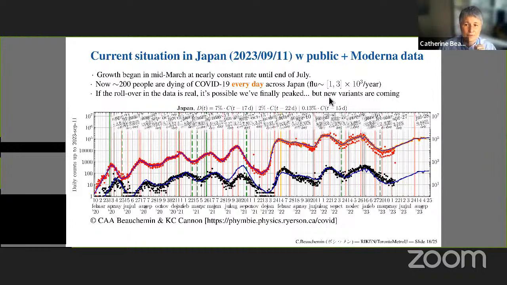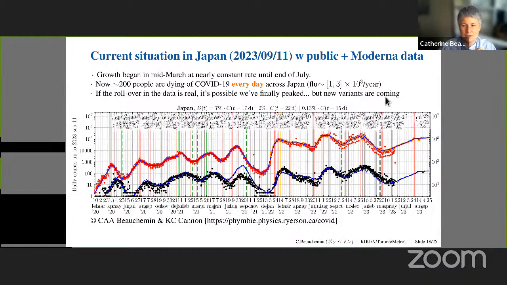As a comparison, for flu it's around 1,000 to 3,000 people in a year. So basically over a month, we'll have killed more people from COVID than we would with the flu over an entire year. The good news, if there's any, is that you can see the data start to flatten. If it's real and not a problem with saturation of the healthcare system, then we might have finally peaked.